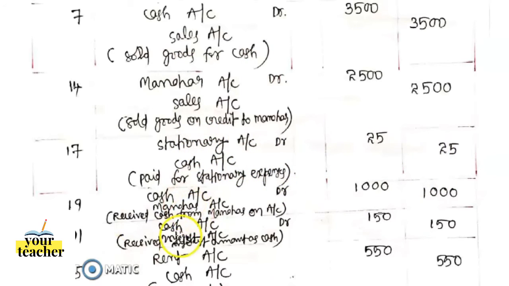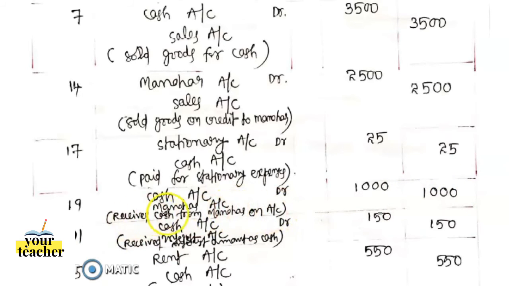Now on 19th, Manohar remitted on account, which means we can write it is an income. So we are considering the cash account on the debit side. Manohar is paying an amount of rupees 1,000. So the cash account is on the debit side, and Manohar's account is on the credit side. So, received cash from Manohar on account.